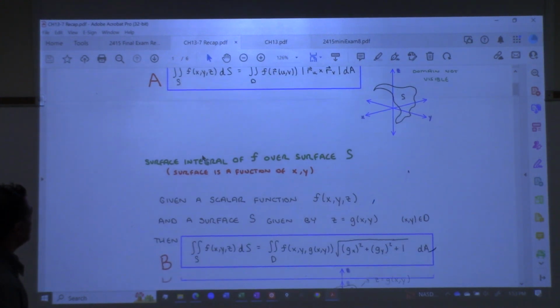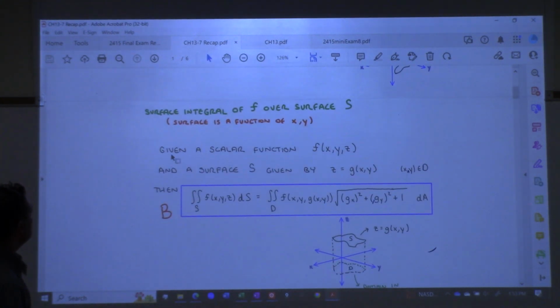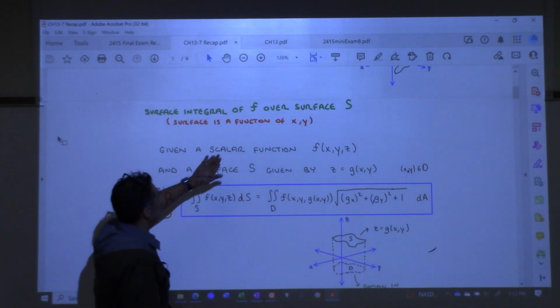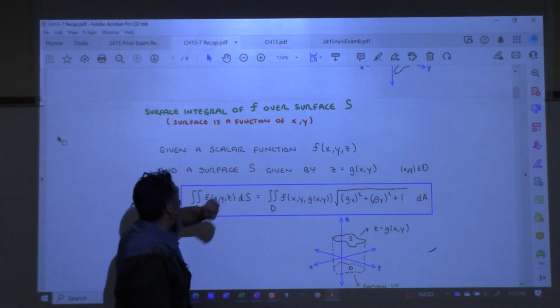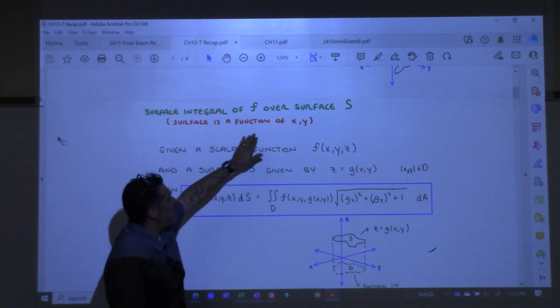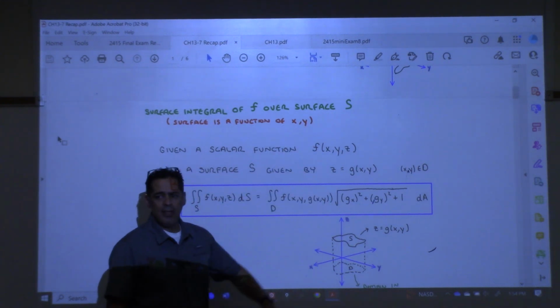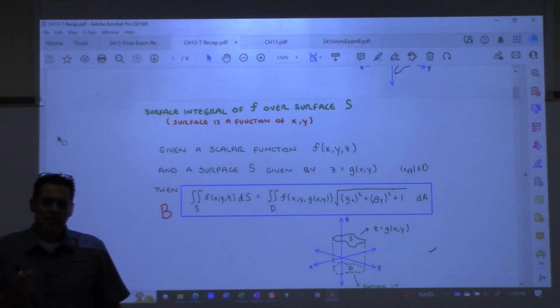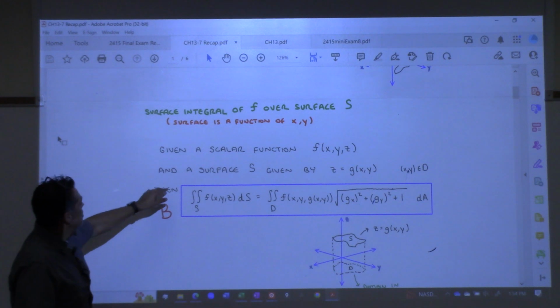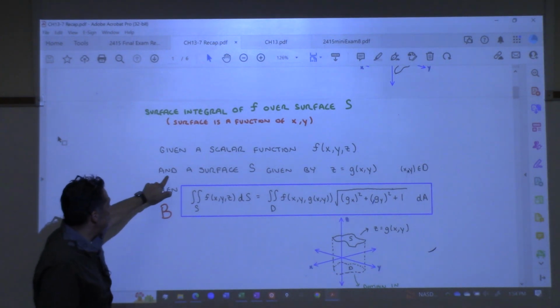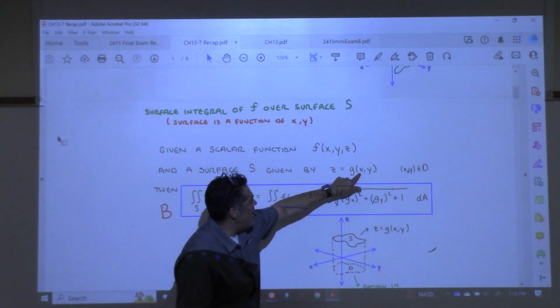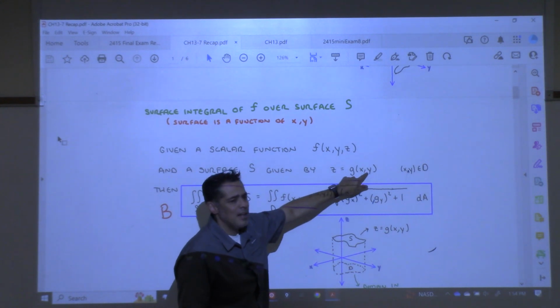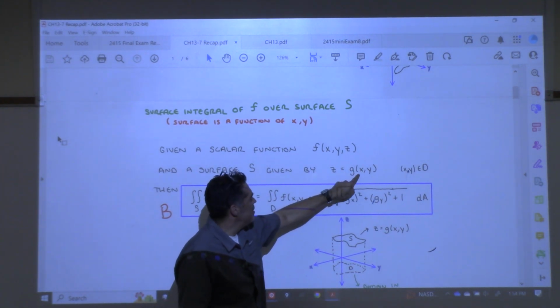Now, special cases. Let's look at the next one. What if you're trying to do a surface integral of some scalar function over some surface S, but this time your surface is a function of x and y? That means your z depends on x and y. I'm calling it g of x, y instead of f. Why do you think I'm calling it g, not f?